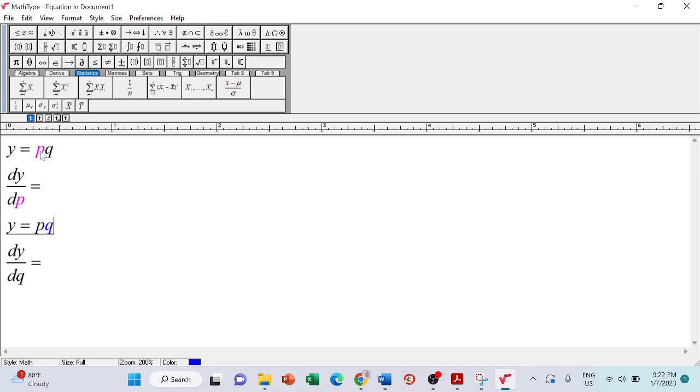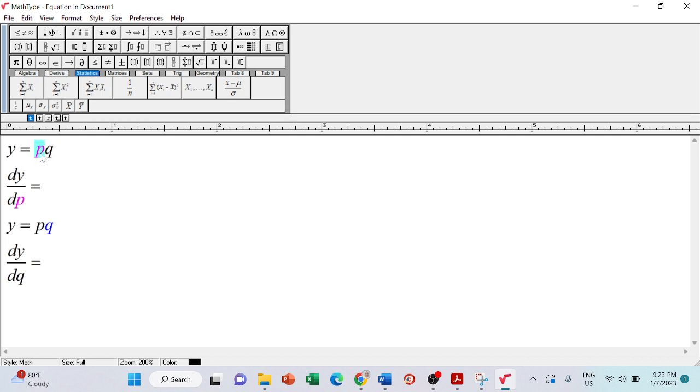Madam highlightkan supaya you faham. Sekarang dekat sini, kita nak bezakan terhadap P. So, bila kita nak bezakan terhadap P, Q ni you kena assume dia adalah constant.